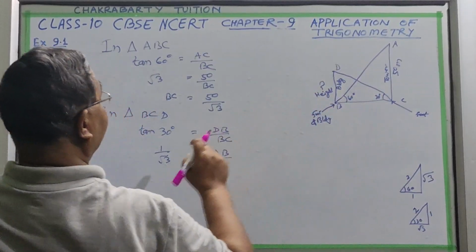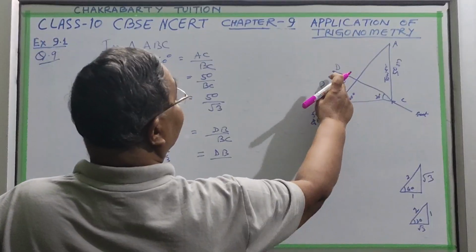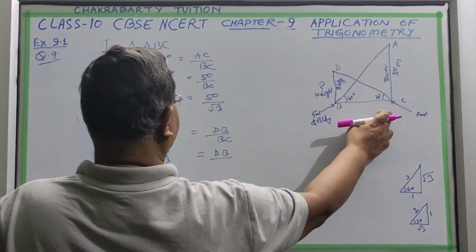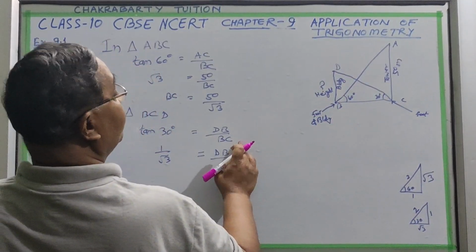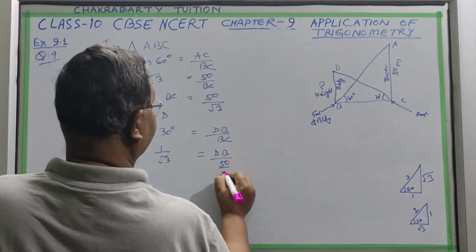So DB upon BC, and BC is 50 upon under root 3.